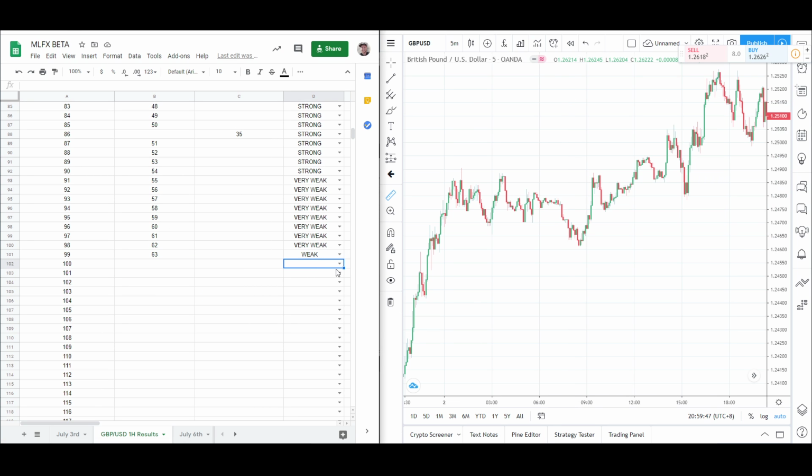Okay, so all of these were strong, and we had 10, didn't we? First two were winning trades. Then we had a loss, which will be 36.